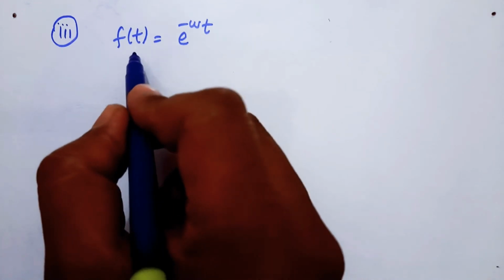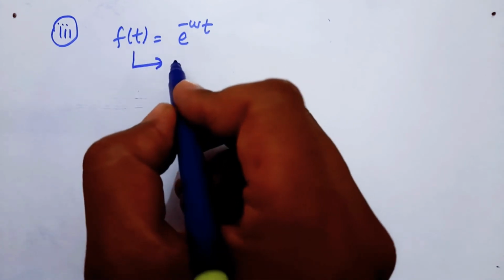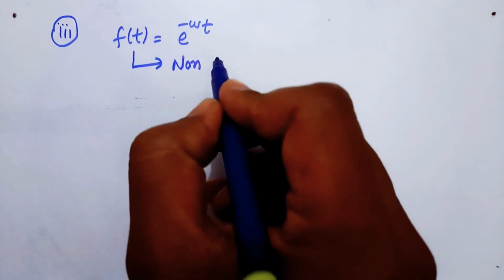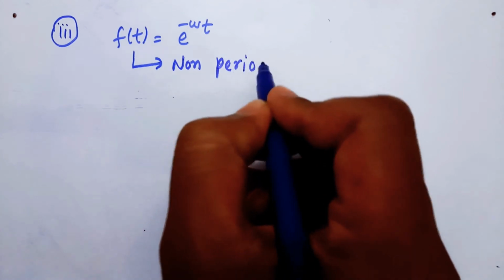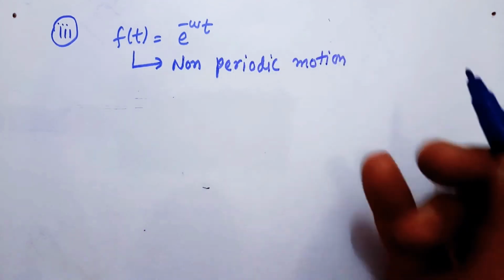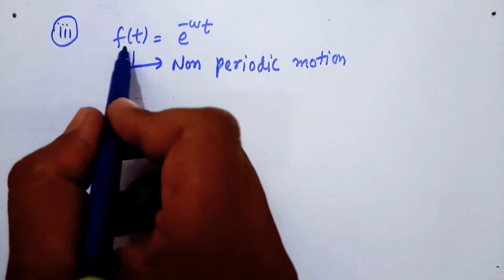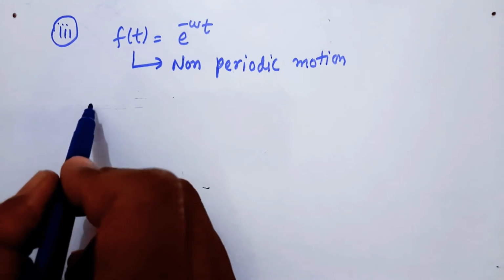So simply we say the function represents non-periodic motion. So let us check. Here I have to draw a graph of f of t versus time t.